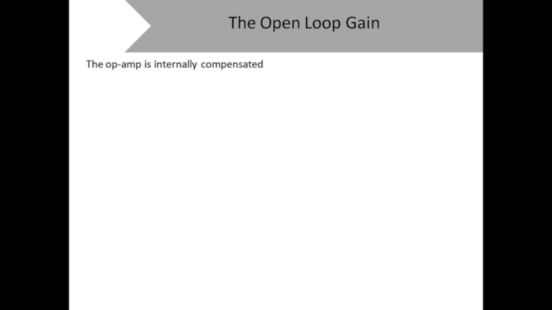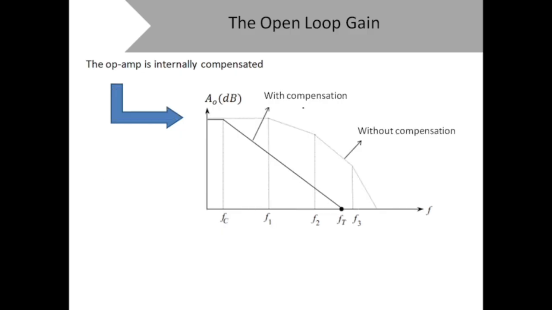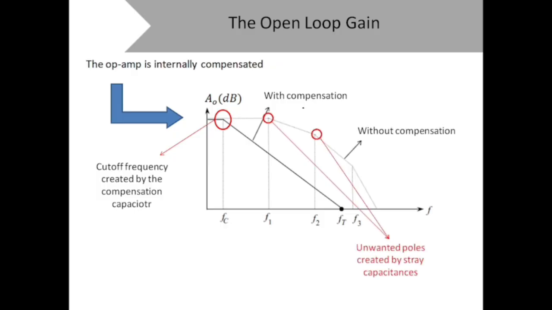By placing the cutoff frequency created by this compensation capacitor at a very low frequency, well below the frequencies at which unwanted poles could cause instability, the designer ensures that this pole becomes the dominant pole of the system.